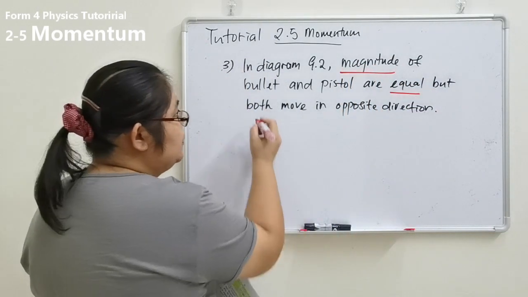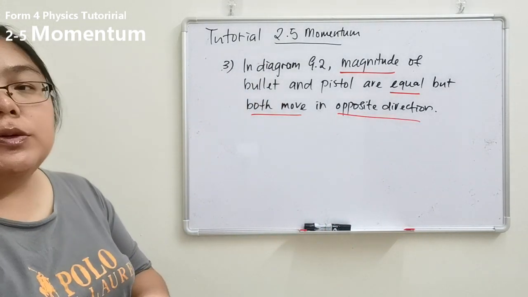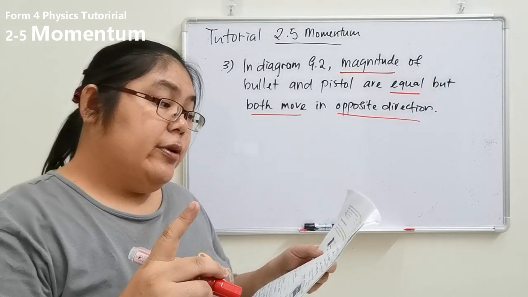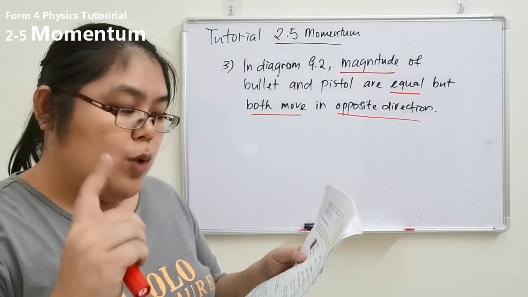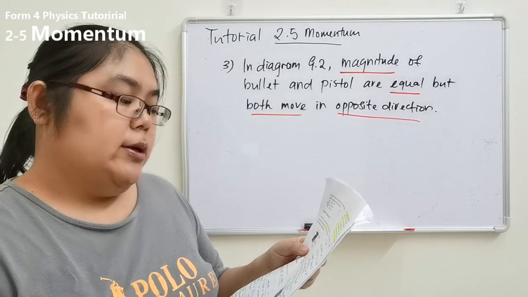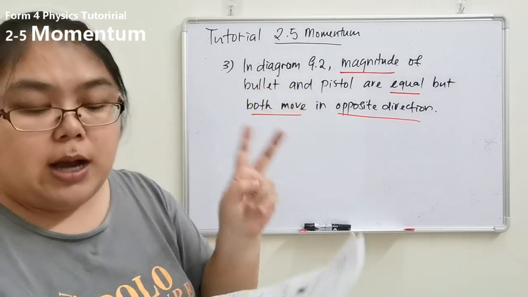The second mark is both move in opposite direction. So just now we did the comparison. First we write the total momentum, 1 mark. The second question we do the comparison, 9.1, 9.2. Third is these 2, so the third point we get 2 marks.